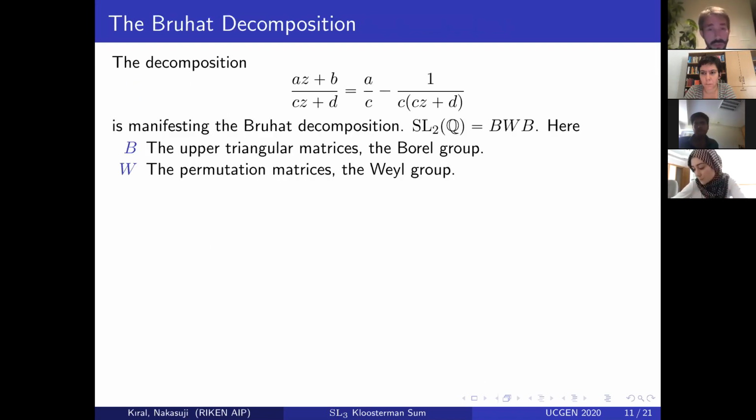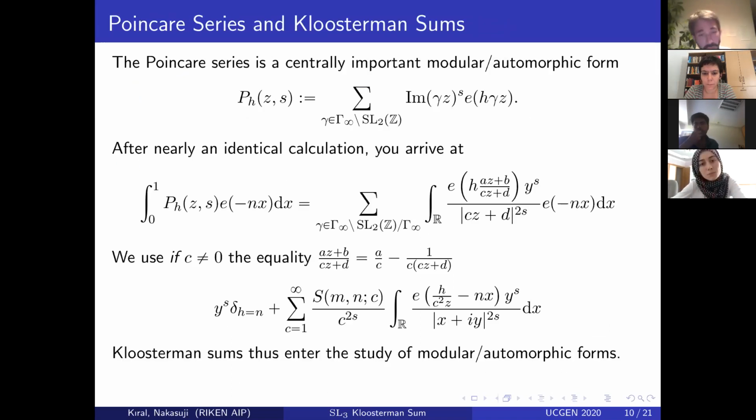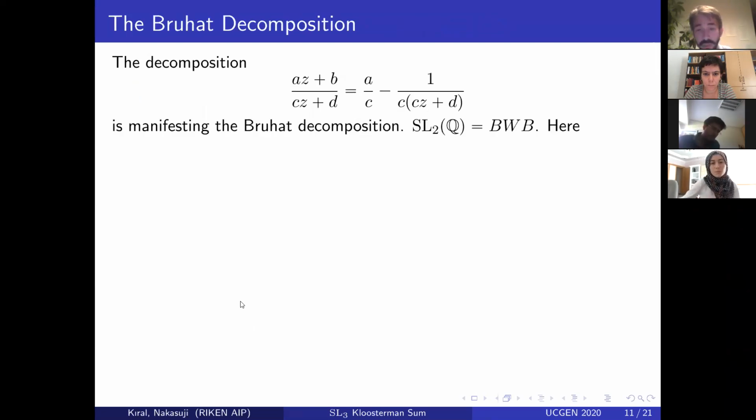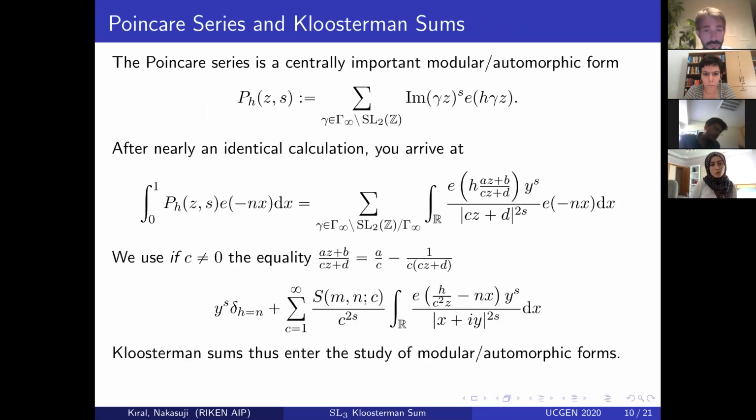Oh, maybe I should show you that. In here, in the Fourier expansion, you can see there's a delta term. This term here is coming from the small cell. The other one is coming from, for each C, for each lower left corner, you have sliced the big cell into separate C's, and the Fourier expansion of the Poincaré series reflects the Bruhat decomposition in this way.